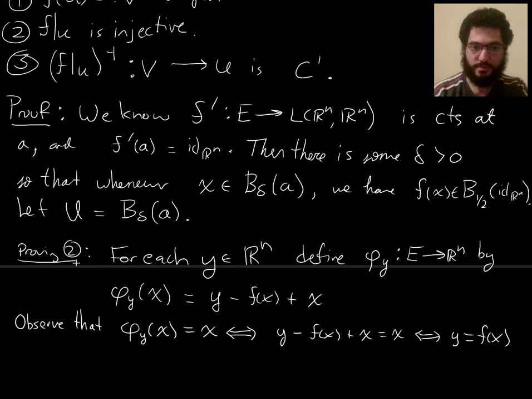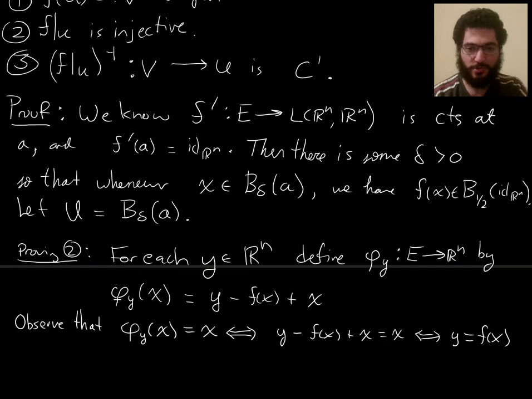Our goal in proving number 2 is to prove that f is injective. Injective means every output has only one associated input that could lead to that output. So everything that arises as an output, or every y here, should have only one preimage, x. So what we're trying to prove becomes the same as proving that if you fix y and look at the function phi sub y, then it has no more than one fixed point.